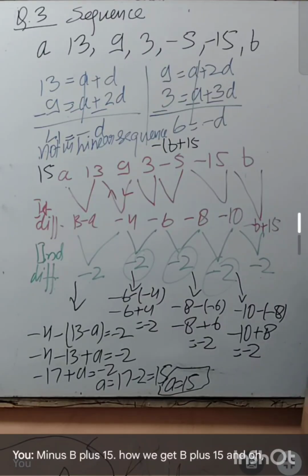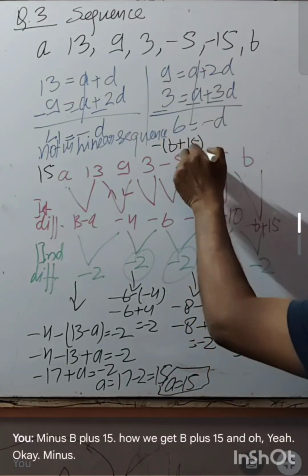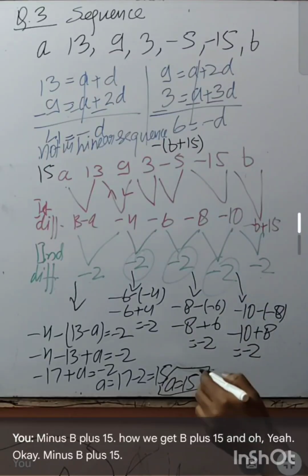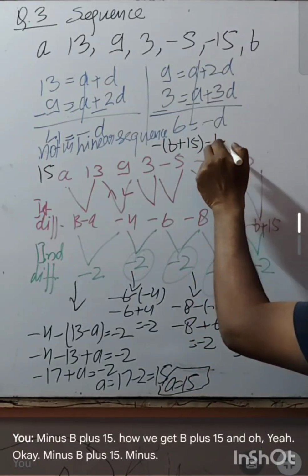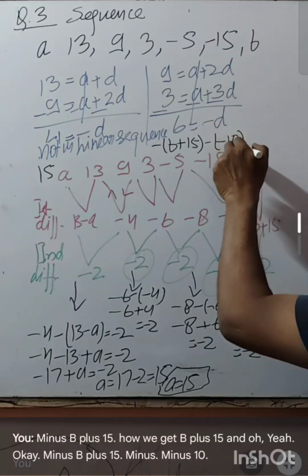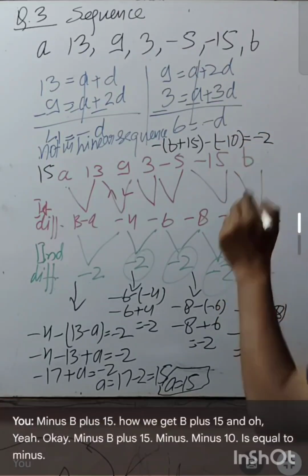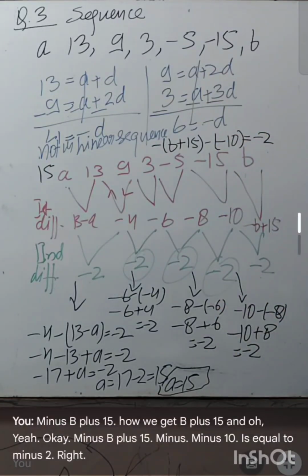How? Okay, okay. Minus B plus 15 minus 10 is equal to -2, right?